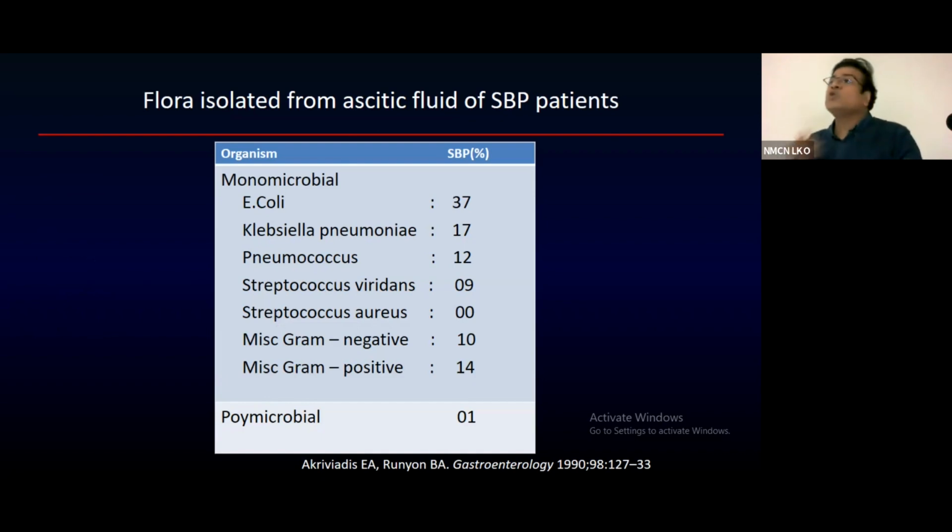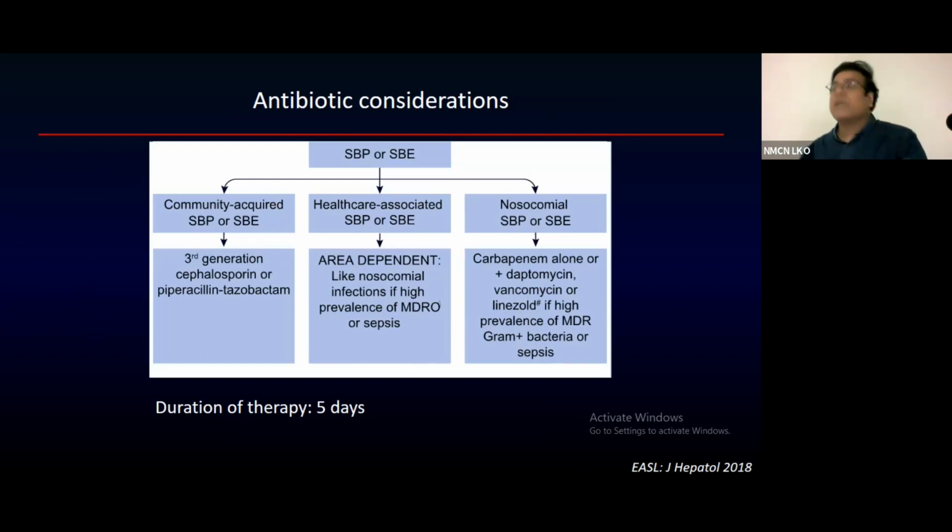What I want to show you here is the organism. E. coli, Klebsiella, Pneumococcus, Streptococcus form the majority of the organisms, which is usually monomicrobial, and polymicrobial is very, very rare in this particular scenario of spontaneous bacterial peritonitis. This is one of the recent guidelines, European Association for the Study of the Liver, which says that if you have spontaneous bacterial peritonitis and it is community acquired, then you resort to a 3rd generation cephalosporin or a piperacillin tazobactam group.